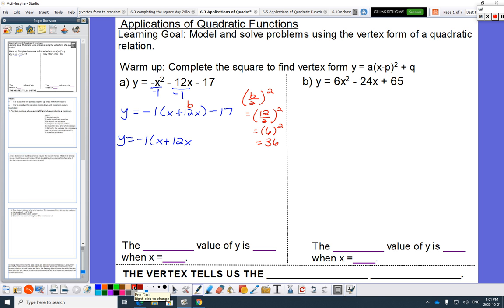Add and subtract the number, but also multiply. And then keep that c value. Sorry, I have to sneak it in. If you like arrows, that's why we distribute this. You can draw in the distribution arrow.